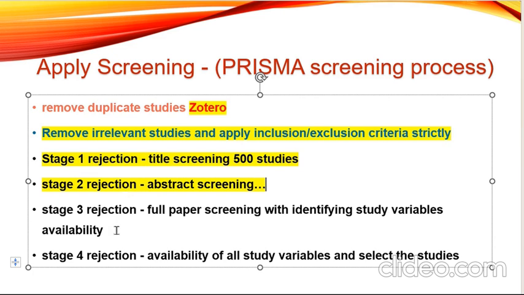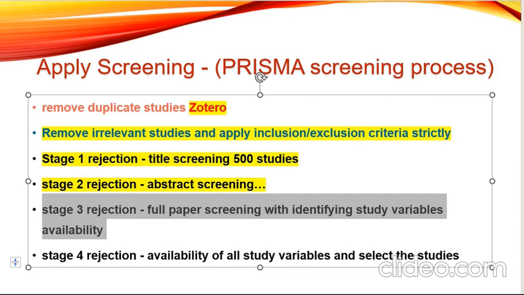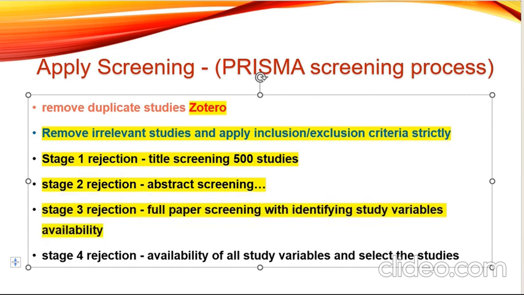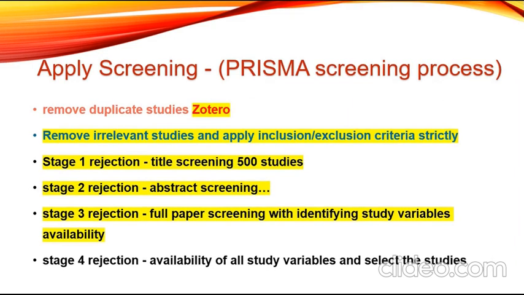Then the third stage is rejection at full paper screening. If you have 10 study variables, you should check the availability of all those study variables. If a quantitative variable requirement is there, you should identify the variables with quantitative outcomes, such as mean, standard deviation, standard error, or any other statistical measure like correlation, regression, odds ratio, risk ratio; many statistical measures are there.